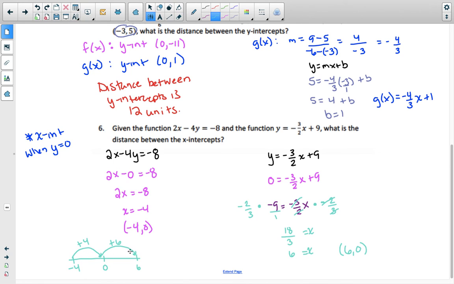So from negative 4 to 6 is a 10-unit difference. So the distance between the x-intercepts is 10 units.